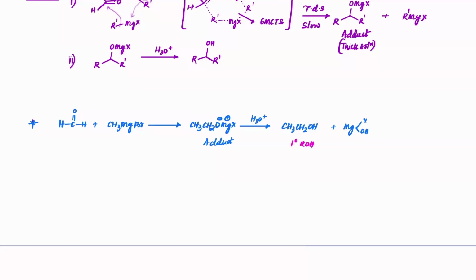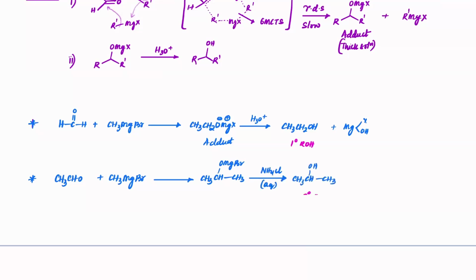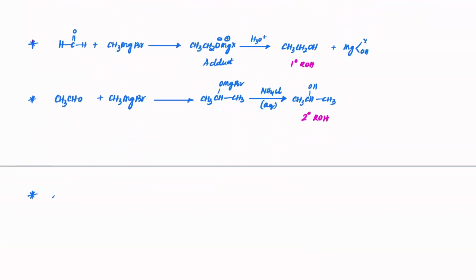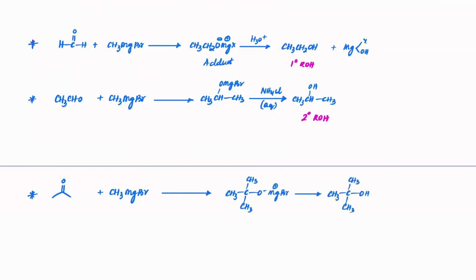Similarly, if you have acetaldehyde reacting with CH3MgBr, you will get an adduct first that on hydrolysis will give you 2 degree alcohol. So you'll end up getting this as 2 degree alcohol. Likewise, if you have a ketone and you react it with CH3MgBr, it will convert into this adduct form, and then on hydrolysis, it will convert into a 3 degree alcohol and MgBr and OH.